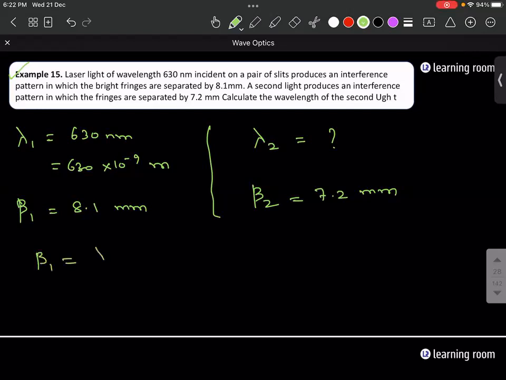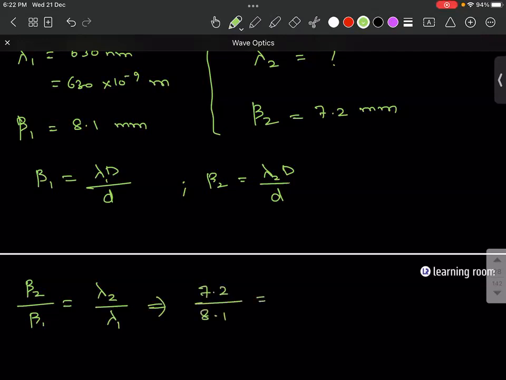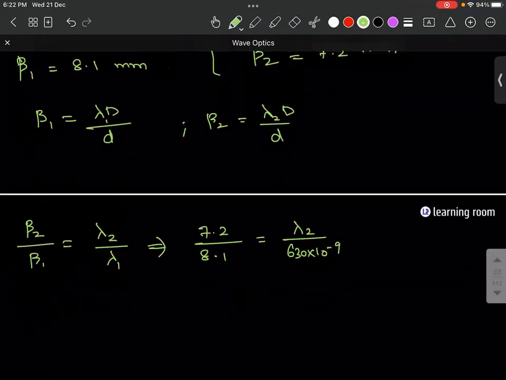Beta 1 is equal to lambda 1 into capital D divided by small d. Beta 2 is equal to lambda 2 into capital D divided by small d. So beta 2 divided by beta 1 is equal to lambda 2 divided by lambda 1. So 7.2 divided by 8.1 is equal to lambda 2 divided by 630 into 10 power minus 9.